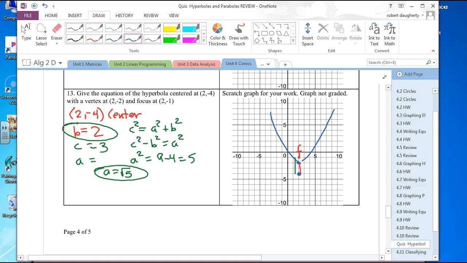So the equation for this, it's a vertical, so it's going to be (y plus 4) squared over b squared minus (x minus 2) squared over a squared equal 1.